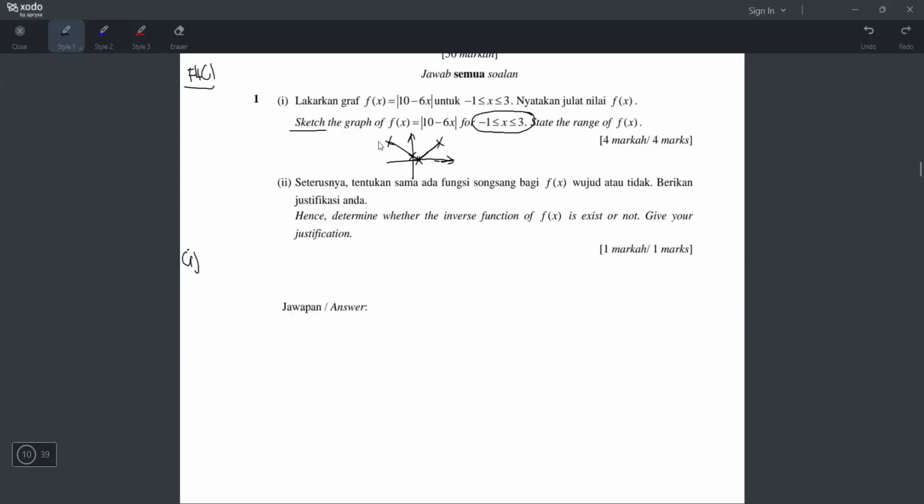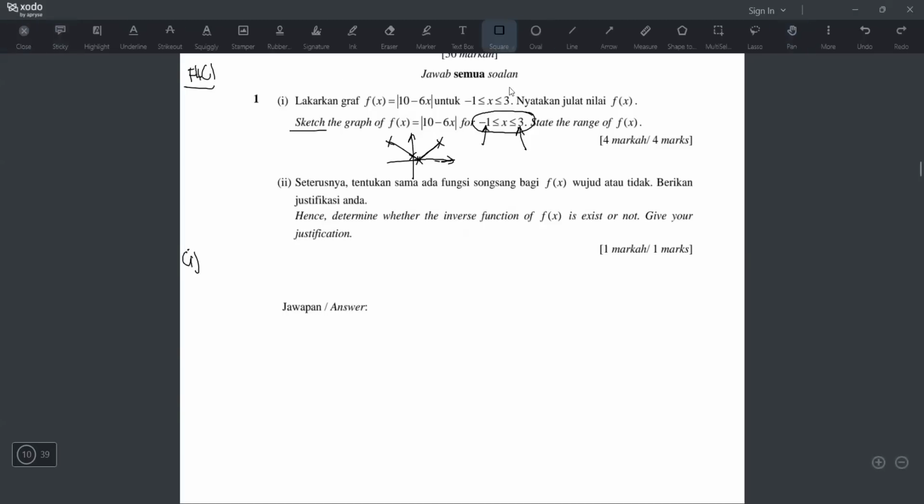It means they want your first point's x-coordinate to be -1, and the last point's x-coordinate to be 3. It means they put a restriction, a limit: the first point must have x-coordinate -1, the last point 3. We need to find the corresponding y-coordinates so that we know the first point and the last point. And also the pintasan x and pintasan y are important points.